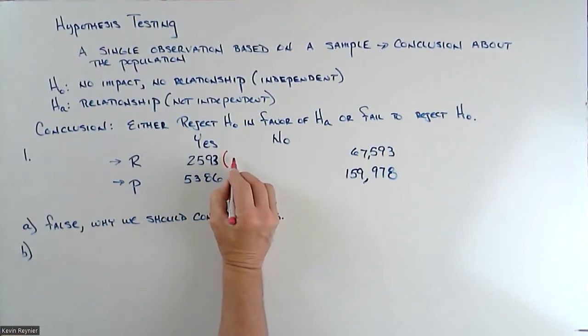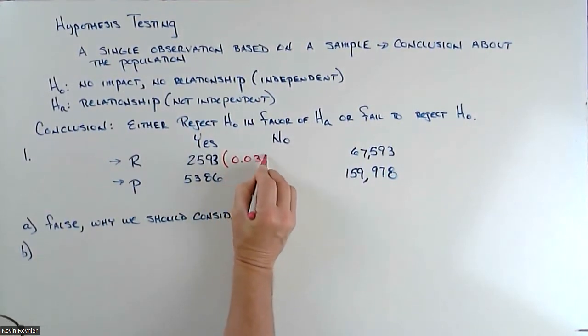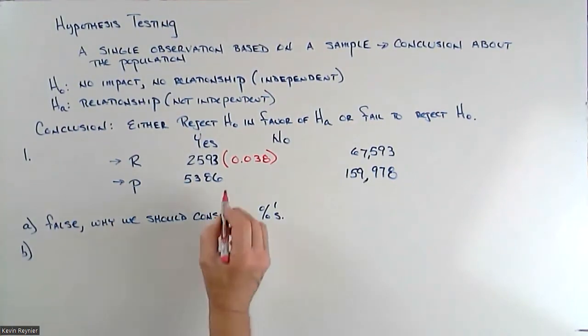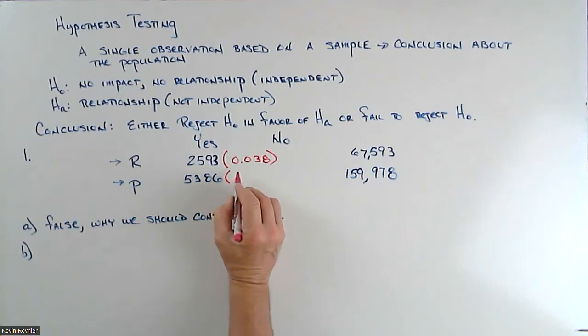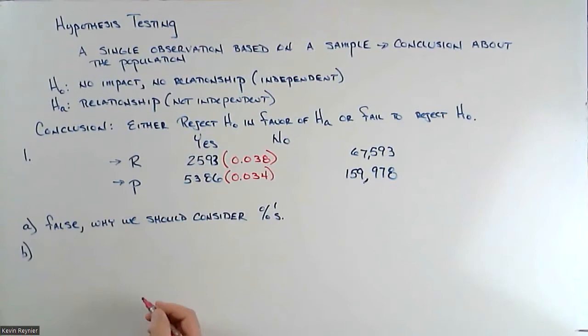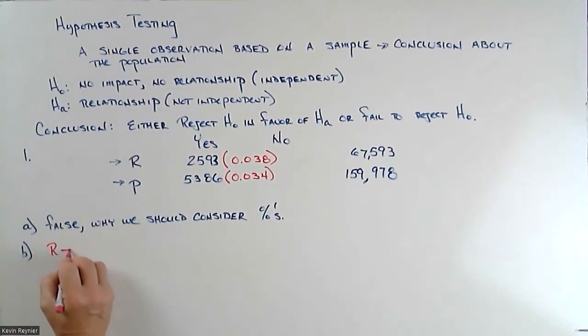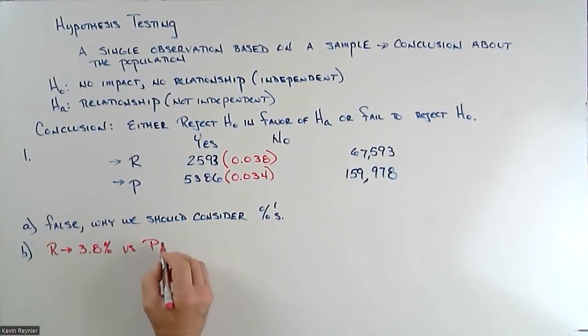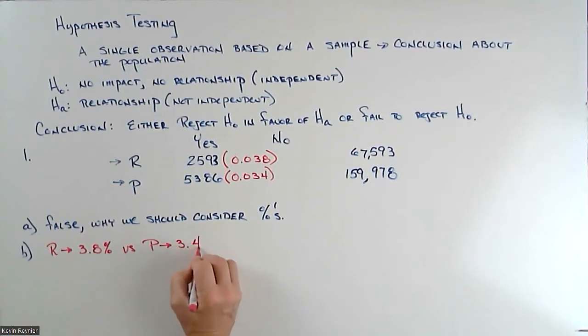They tell us this percentage is 0.038. And they tell us this percentage right here is 0.034, right? So R, we had cardiovascular problems in 3.8% of our patients versus the drug that started with a P, we had cardiovascular problems in only 3.4% of our patients.